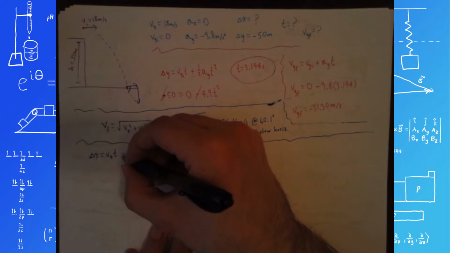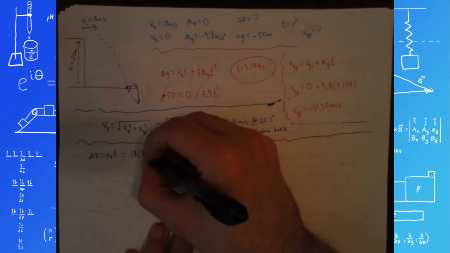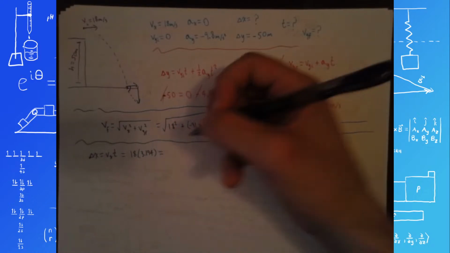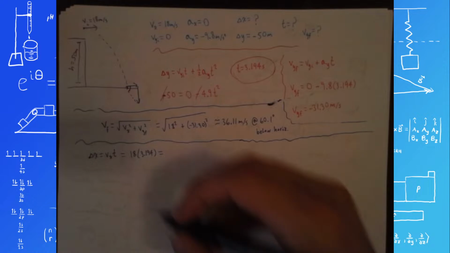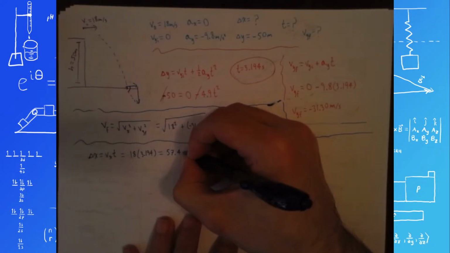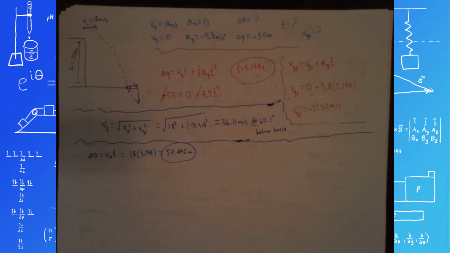So that's going to be 18 times 3.194 for our time, equals about 56-ish, I would guess. 18 times 3.194, 57.492 meters. So that would actually also be our horizontal range.